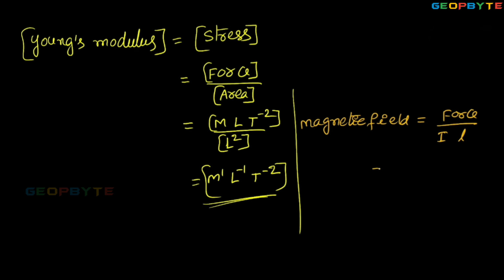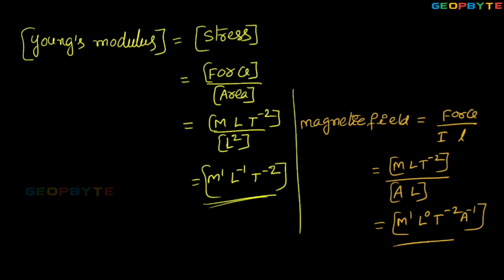Okay. Now let us read the dimensional formula. M L T power minus 2 divided by I, ampere, L. L cancelled. Finally it is M power 1, L power 0, T power minus 2, A power minus 1. This is the dimensional formula for magnetic field.